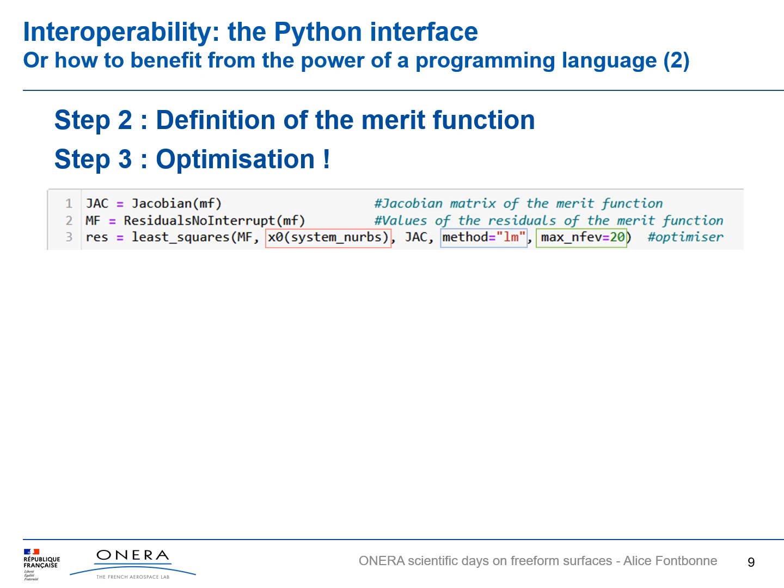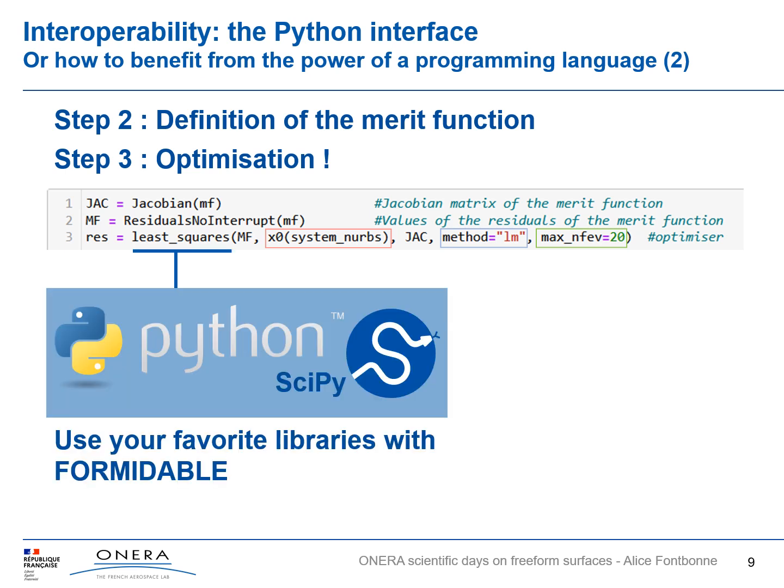Here you can see that you can quite easily optimize your optical system with one line of code, and in particular, if you are familiar with Python and in particular with SciPy, you can recognize the least squares function. So here you can see that you can use your favorite libraries with Formidable.